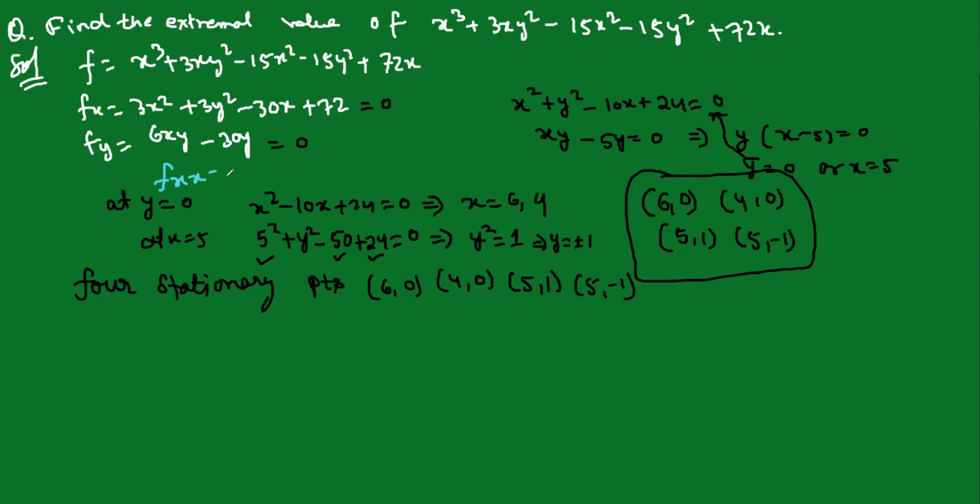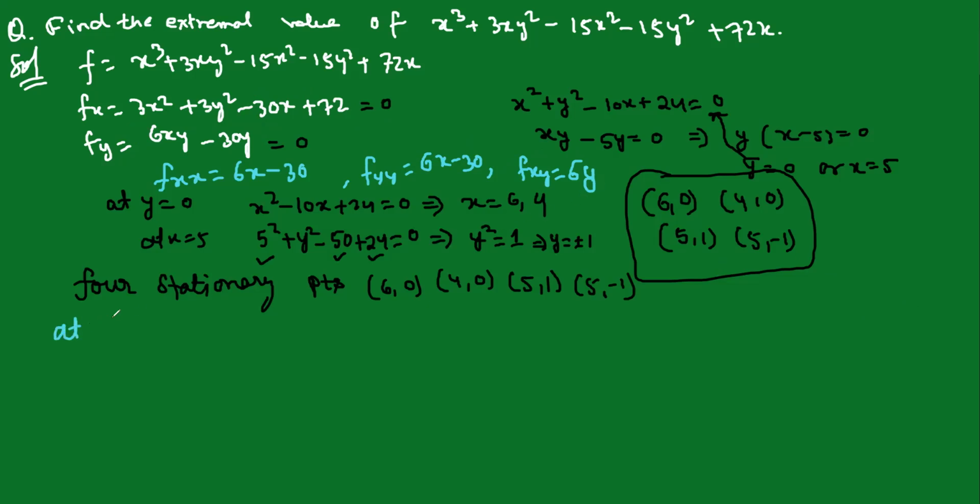f_xx will be 6x minus 30. f_yy will be 6x minus 30. f_xy with respect to y, with respect to x, you will get 6y, right?